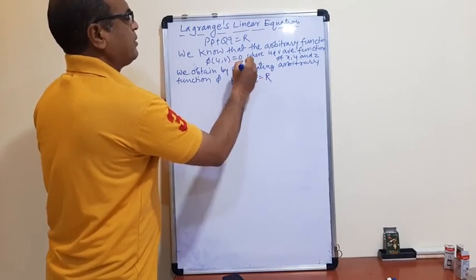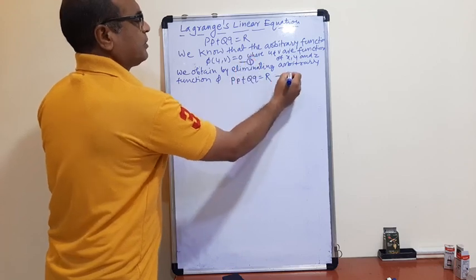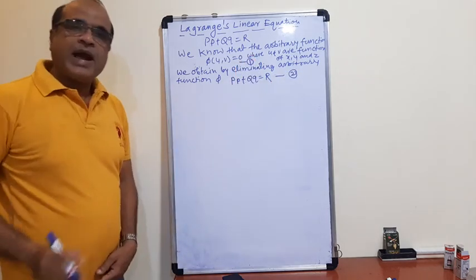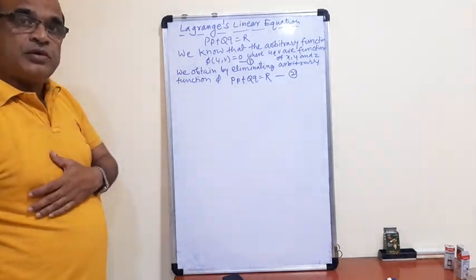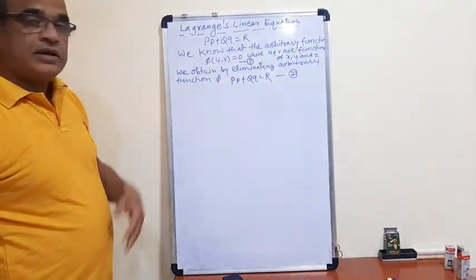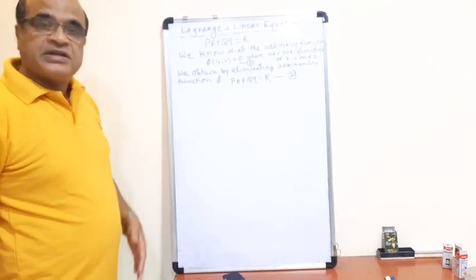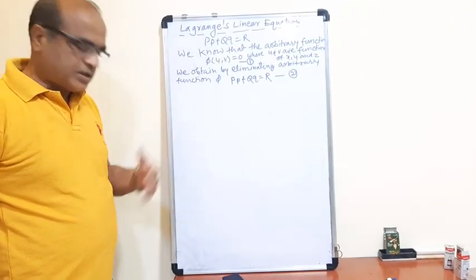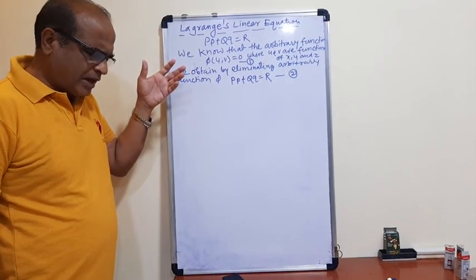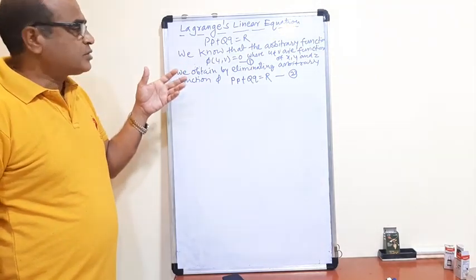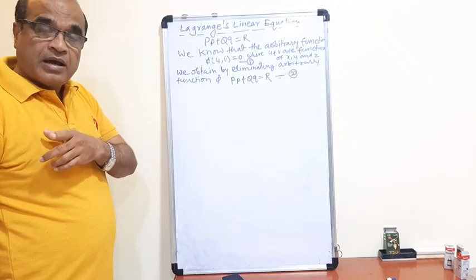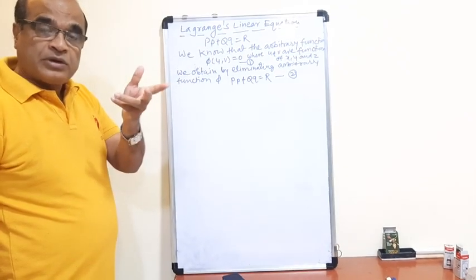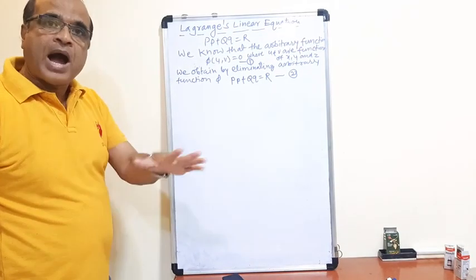So this is equation number 1, and this is equation number 2. So by eliminating the arbitrary function from phi of u, v is equal to 0, we obtain the Lagrange's linear equation. We discussed that yesterday: what the Lagrange differential equation is and how to obtain it from phi of u, v by eliminating the arbitrary function phi.